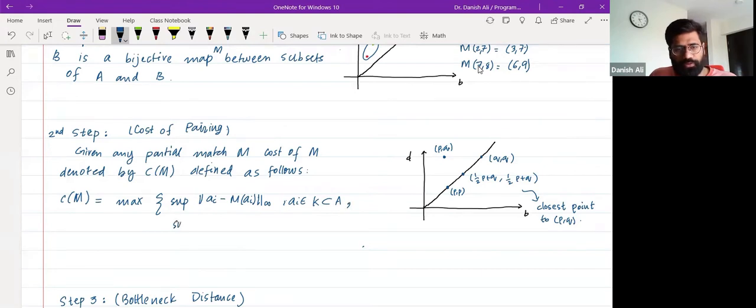And the sup of the number half of q_i minus p_i for all (p_i, q_i) points which are unpaired in the match.